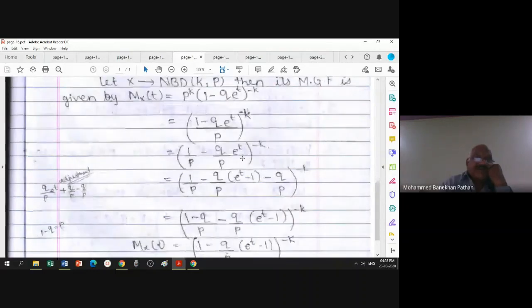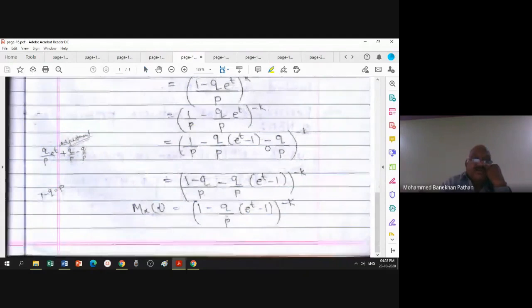Now I divide by P separately: 1 divided by P, Q divided by P, e to the power T, to the power minus K. You can see 1 upon P minus Q by P, e to the power T, written as e to the power T minus 1.